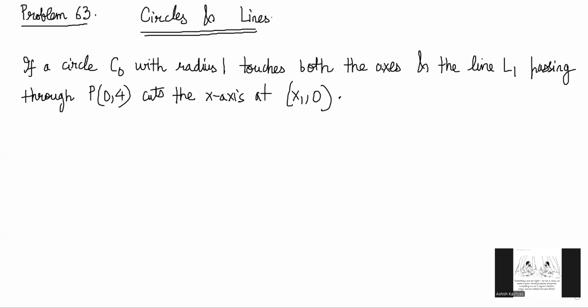So the circle touches both the axes and it also touches the line L1, and the line passes through P and cuts the x-axis at x1, 0.